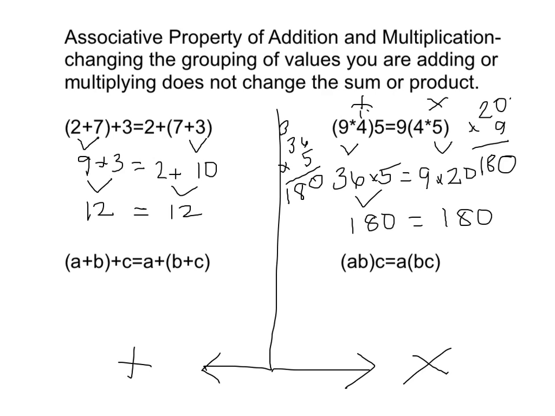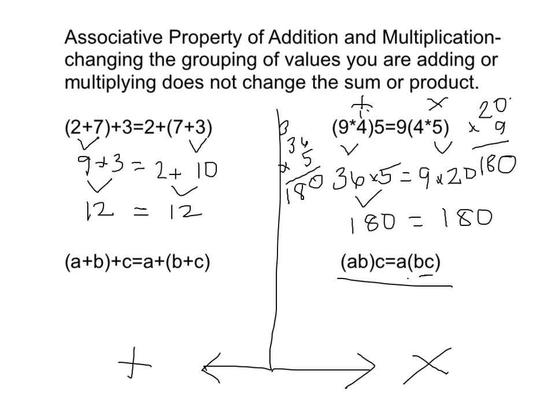So if every single sign is a multiplication sign, it does not matter which two numbers I multiply together first. And again, below we have the product of A and B times C is the same as A times the product of B and C. It is just any number, as long as it's all multiplying in that whole sentence, it doesn't matter which one we do first.